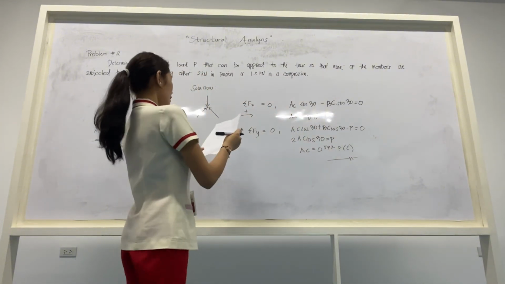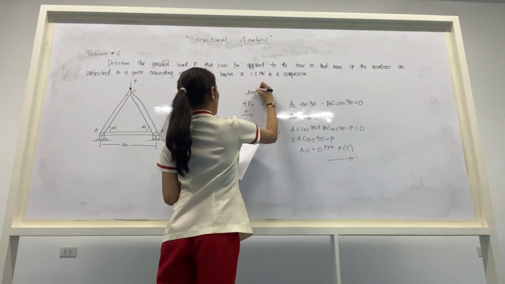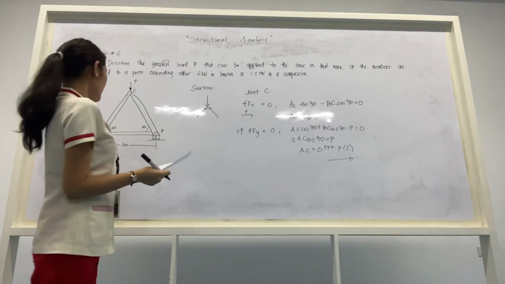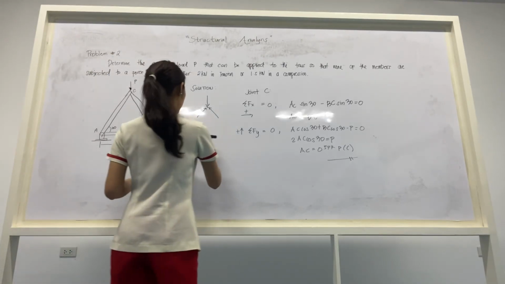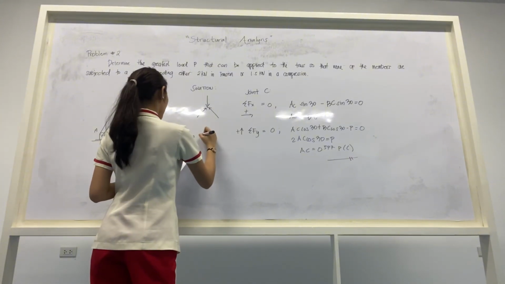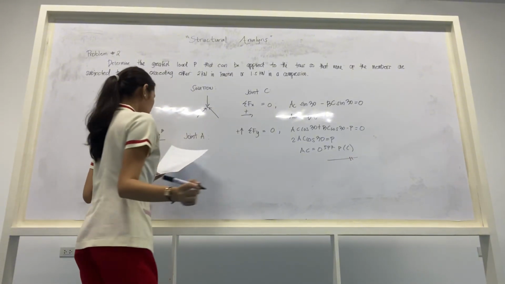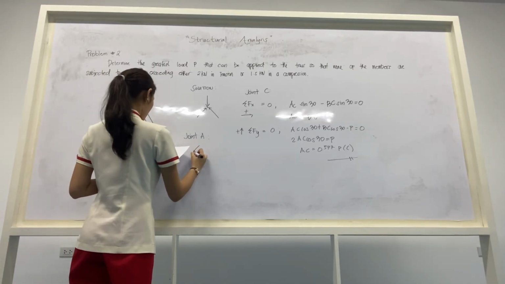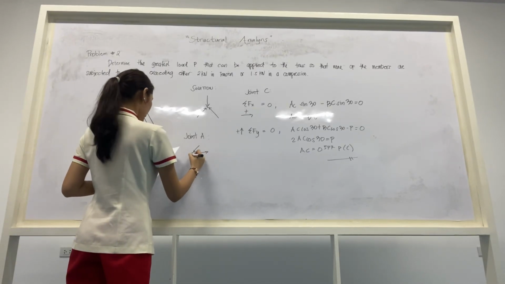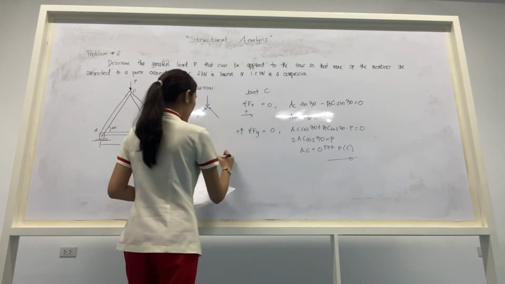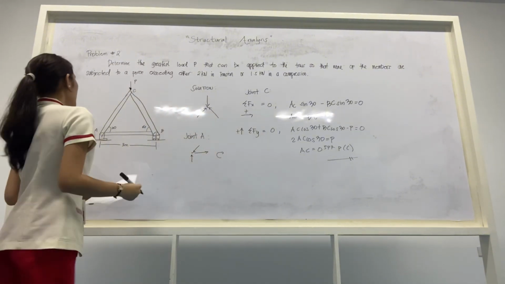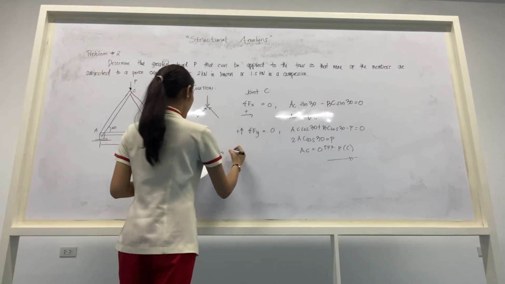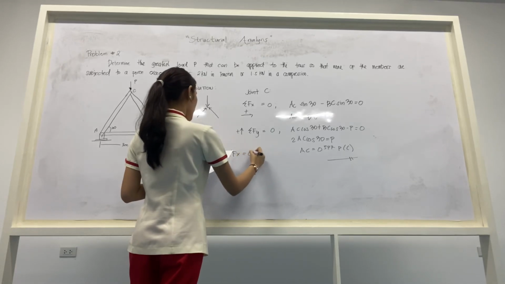So here's our joint C. So our next is joint A. We have here joint A, then downward, vertically and horizontal, and upward, counterclockwise. Since the reaction does not go toward C, the summation of Fx is equal to 0.